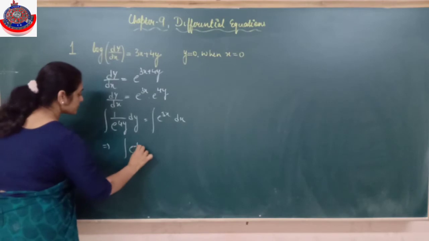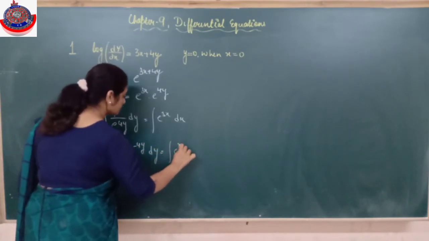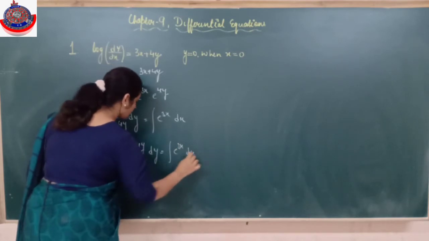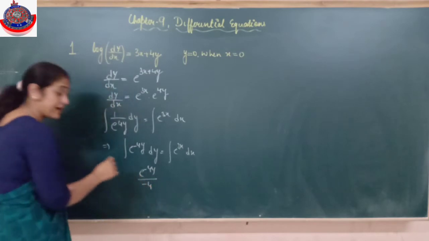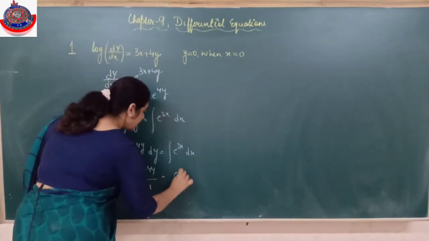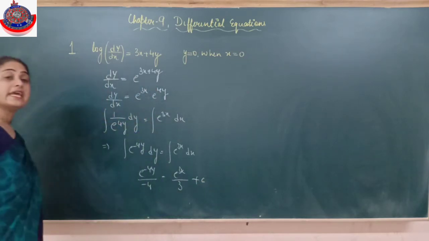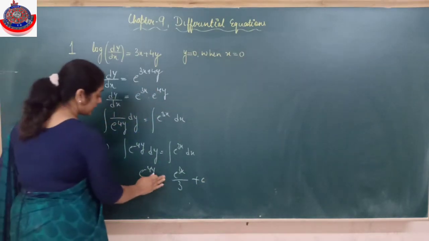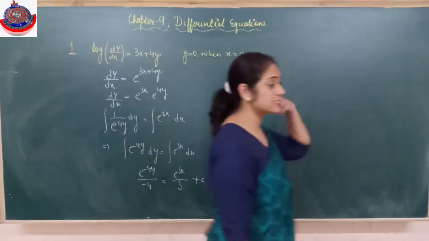So it becomes e to the power minus 4y dy equals e to the power 3x dx. The coefficient of y in the exponent will come in the denominator. Integration of e to the power 3x is e to the power 3x by 3 plus c. Is it clear? Otherwise this is over, but they are asking me a particular solution when y is 0 and x is 0.